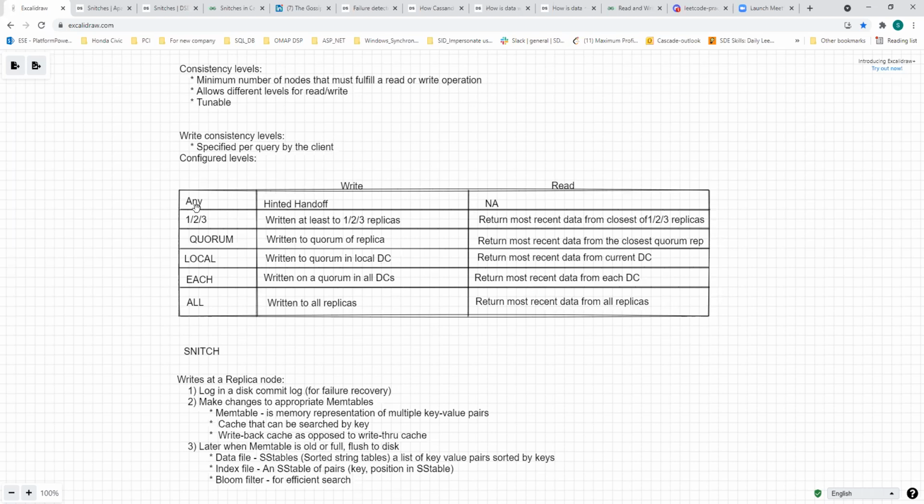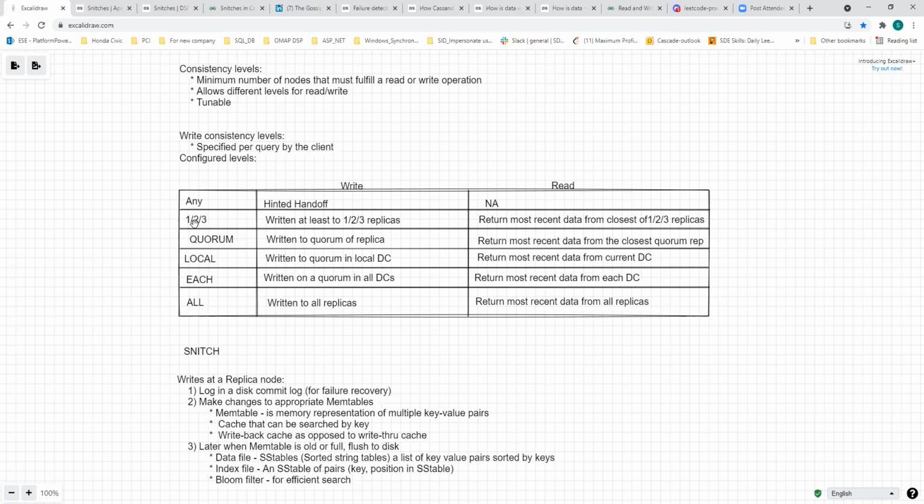It starts with ANY. ANY means the data can be written to at least one node, so it is an extreme case. And ALL means you have to write data to each and every replica. In between, it keeps increasing.